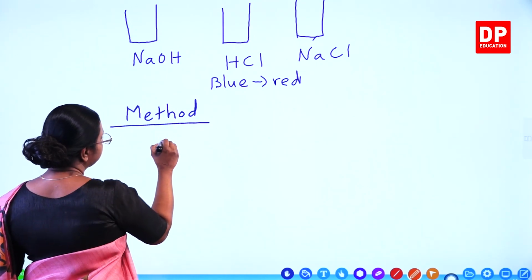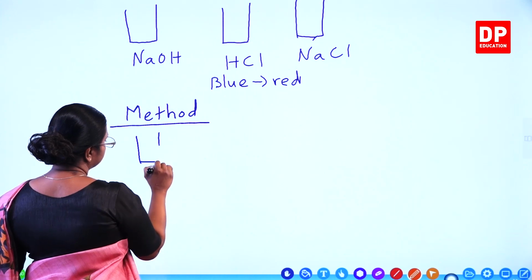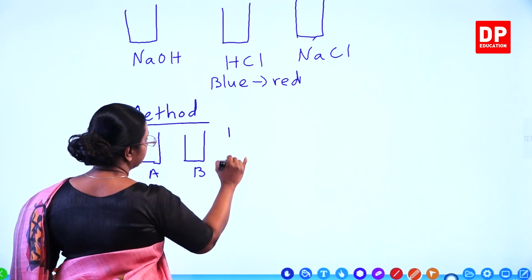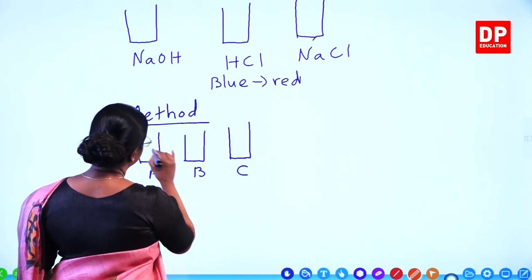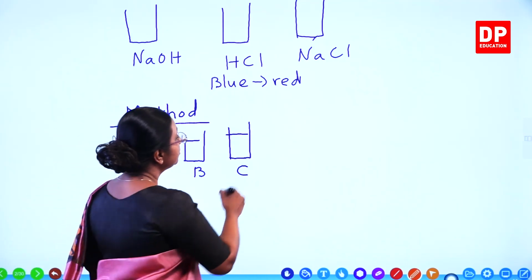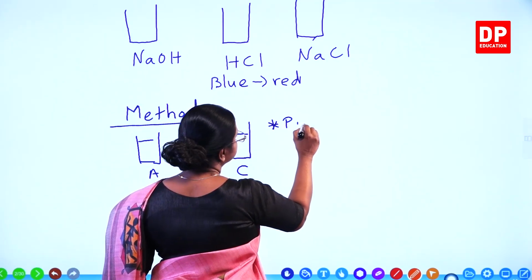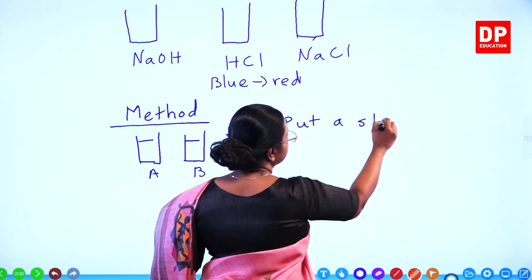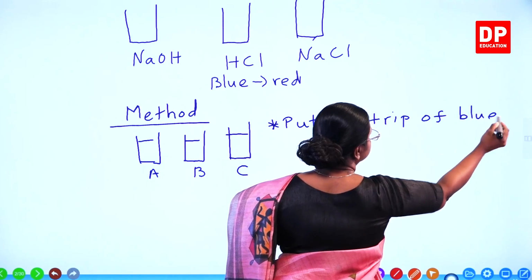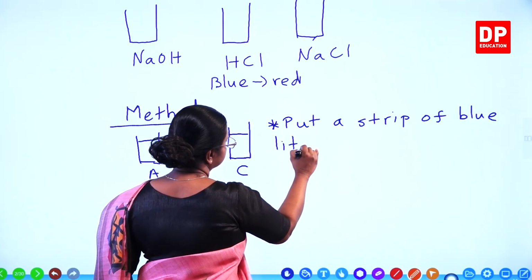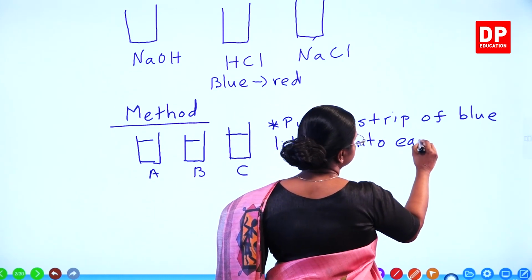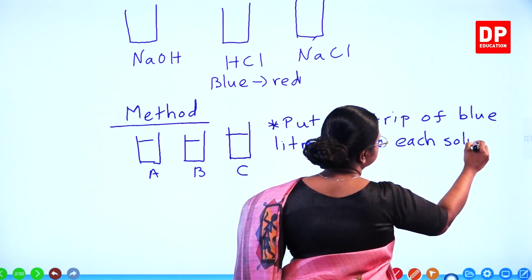Let's say we label the containers as A, B and C and take the solutions into A, B and C. To this you put a strip of blue litmus into each solution.